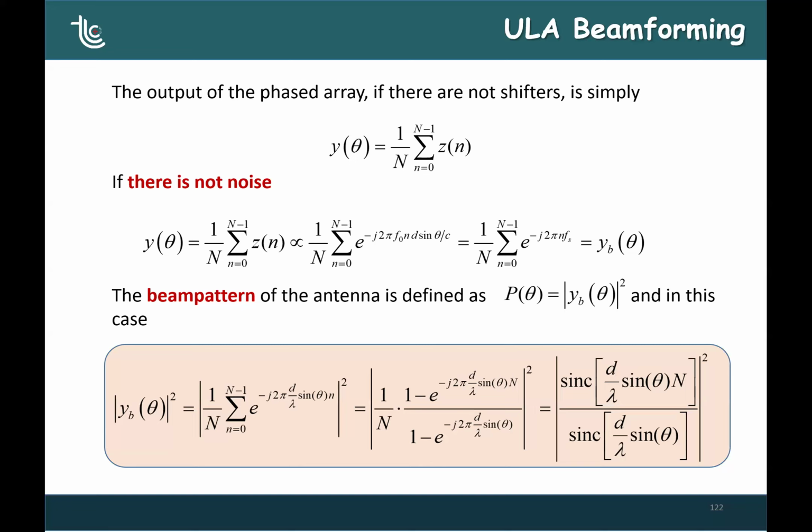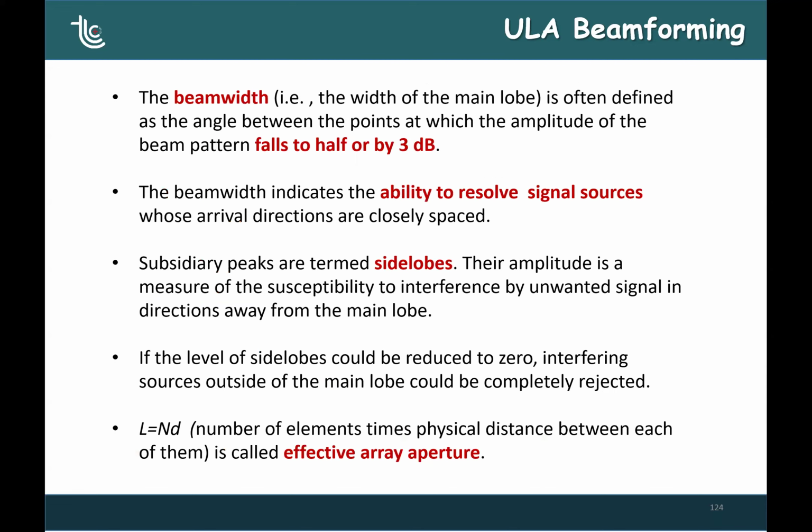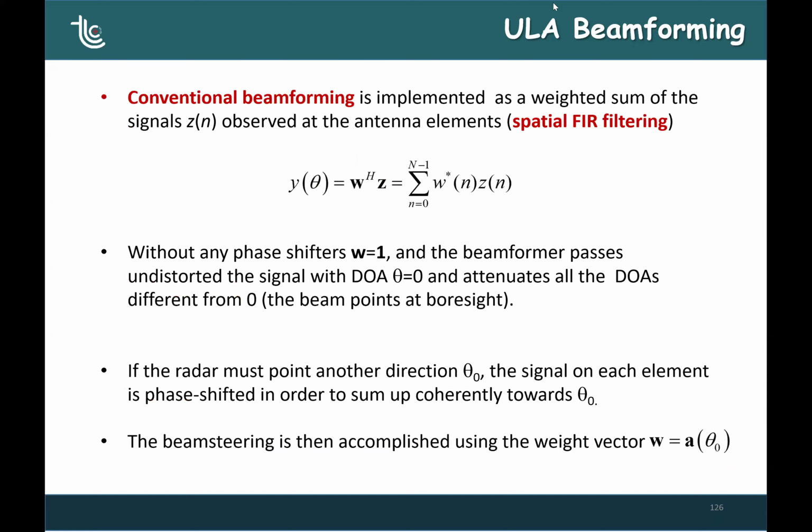What is important is that all the elements of this weight w are equal. If all the elements are equal, for instance equal to 1, then the beamformer passes undistorted the signal with direction of arrival theta equal to 0.